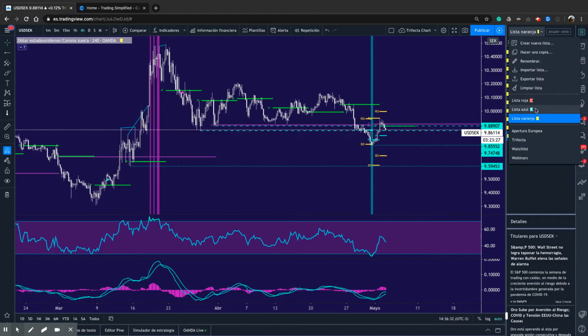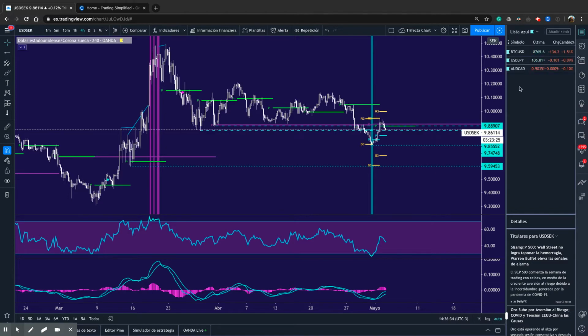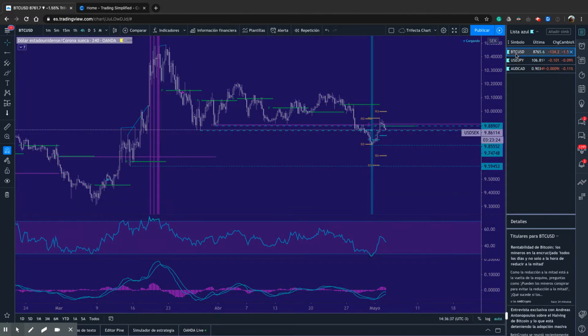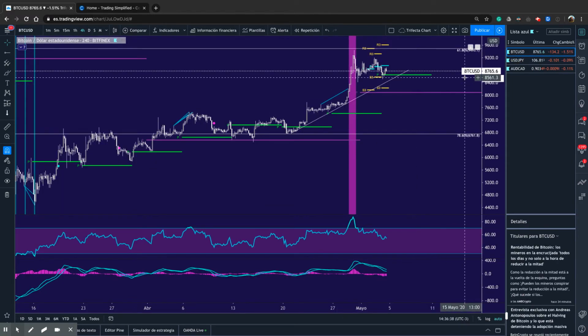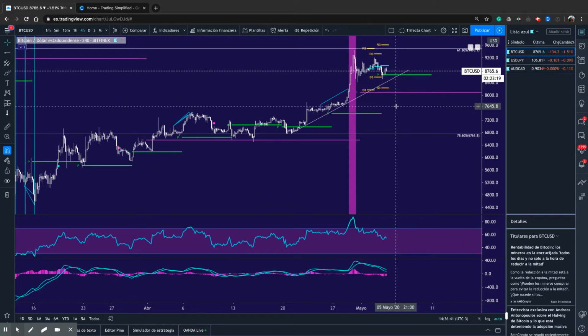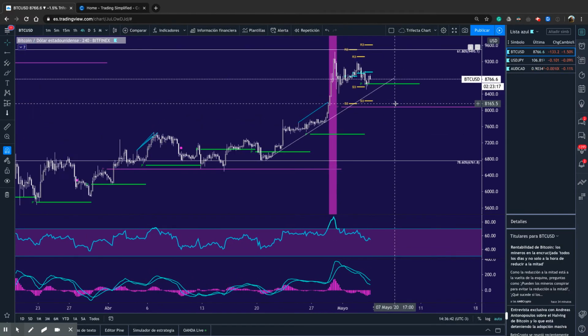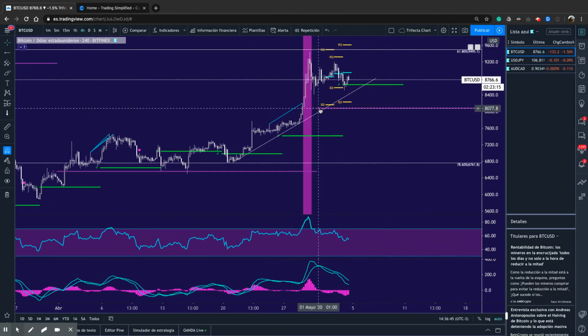And now I have these three additional ones that I like. We have Bitcoin over here with a really nice trifecta setup, and the price is not having enough strength to break the last high.